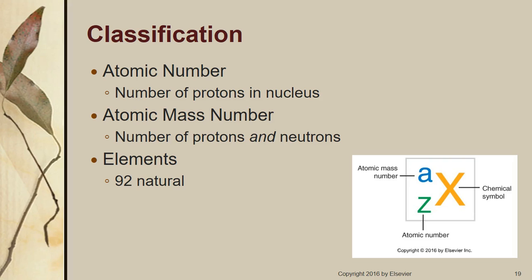Remember, every element is unique. The other definition is an atomic mass number. So here's your atomic number, and it's represented by Z. When we look at these charts in a minute, whatever that number is, is the atomic number. The atomic mass number is right up here, and that's the number of protons and neutrons that it has in its nucleus.